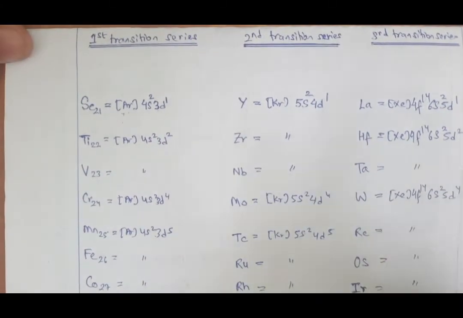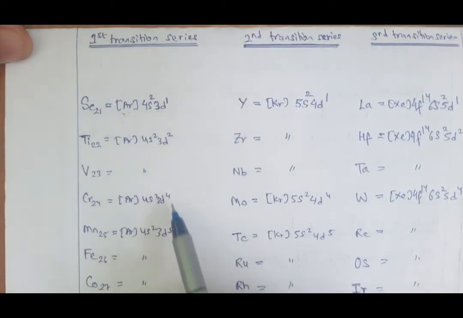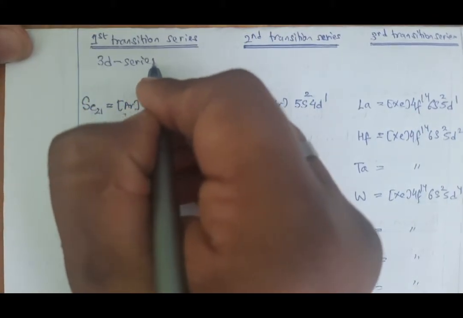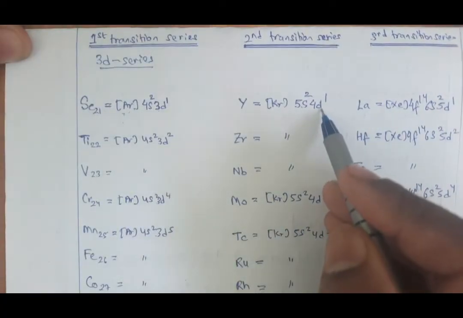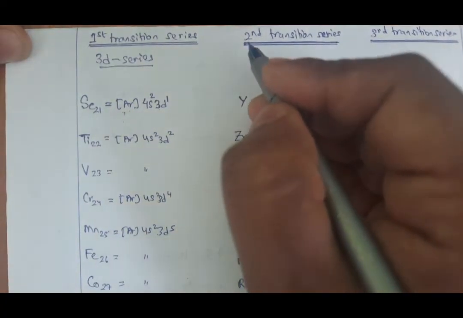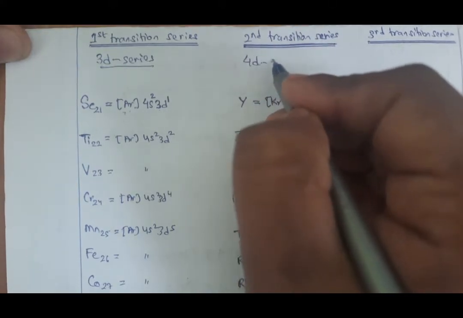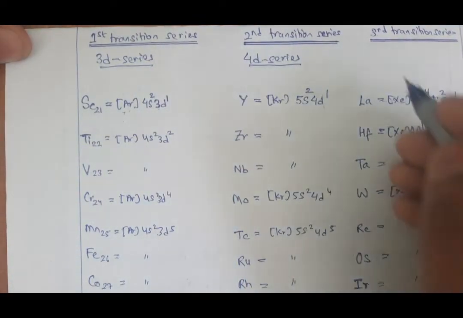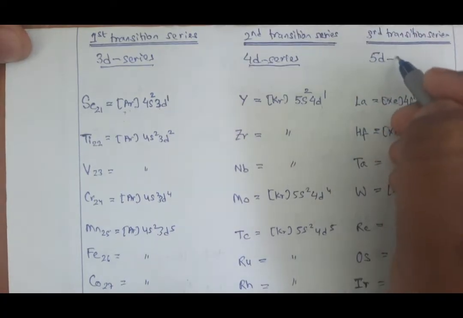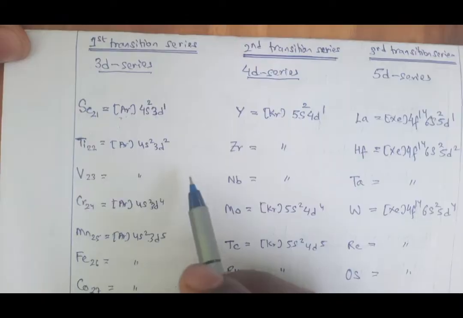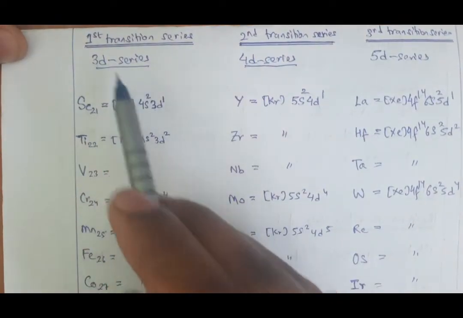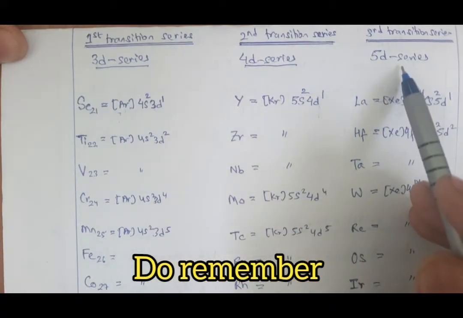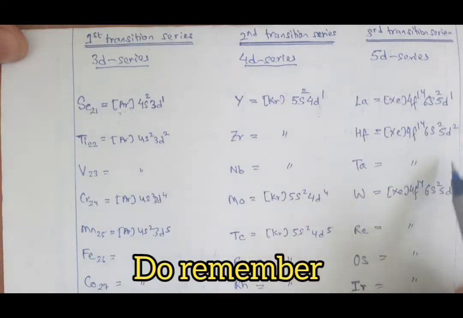Therefore the first transition series is also known as the 3d series, the second as the 4d series, and the third as the 5d series. So remember that the first transition series is called the 3d series because the configuration ends in 3d, the second is called the 4d series because it ends in 4d, and the third is referred to as the 5d series because it ends in 5d.